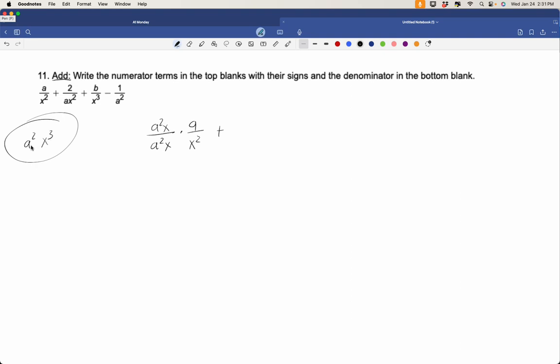What's missing, I need another a and another x. So ax over ax times 2 over ax squared. Plus, I have an x cubed. What I don't have is an a squared. So I need to multiply a squared times the top and the bottom for this term. Minus, now this is an a squared, but it doesn't have an x cubed. So I have to multiply by x cubed times the top and the bottom.